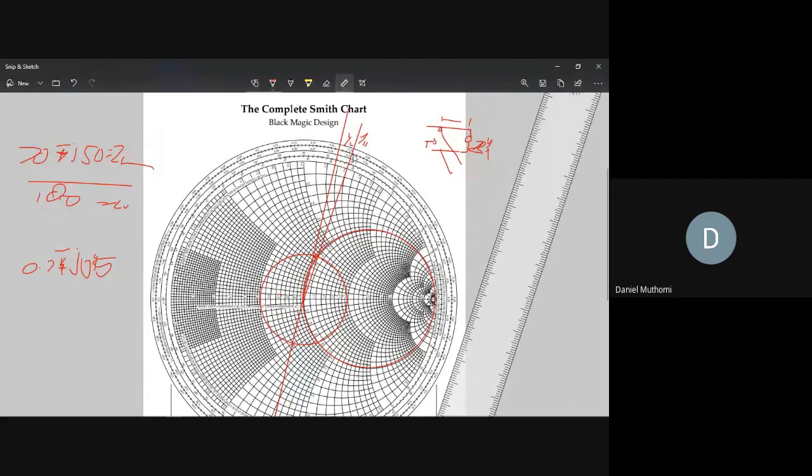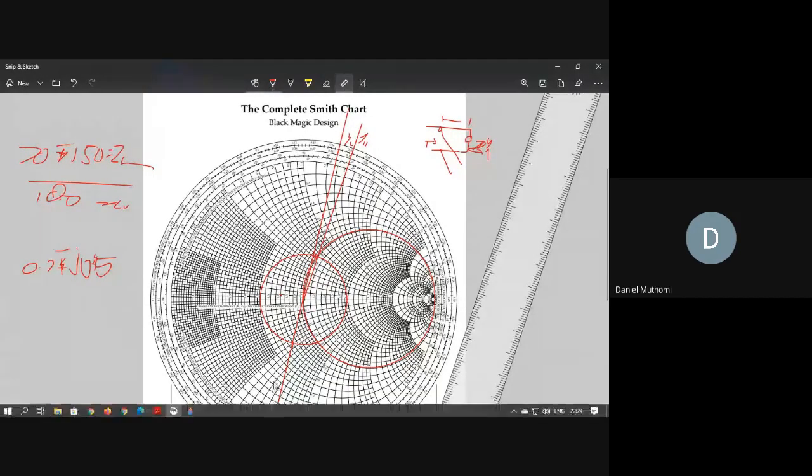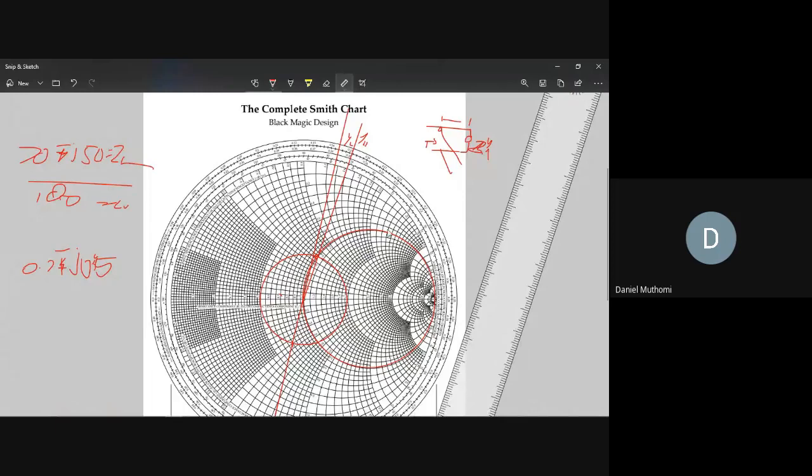For this one, it's about 0.152 or something, and 0.1444 or 45. Yeah, 45 we get 0.007. So 0.007 wavelengths between here and here.